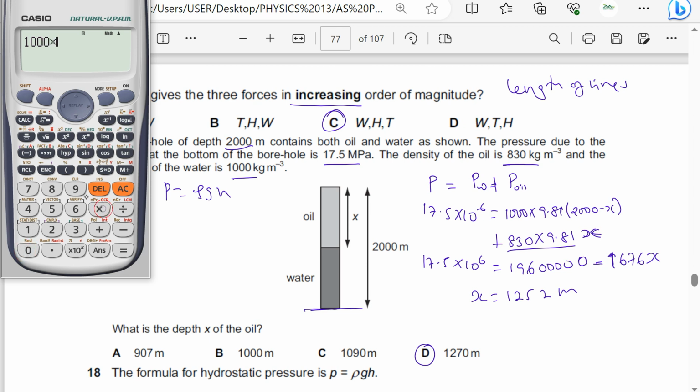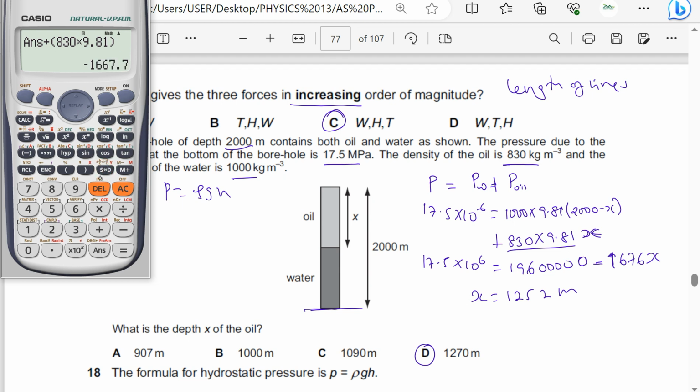1000 times 9.81, that is x. Because this is minus x, this is going to be negative, so I'll say times -1. Then I add this plus, open bracket, the density is 830, 830 times 9.81.